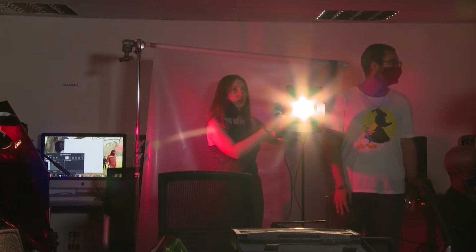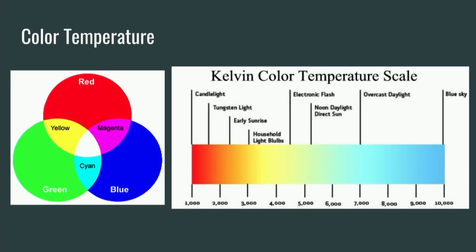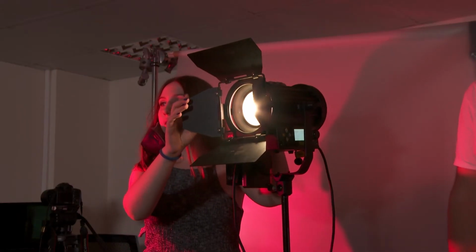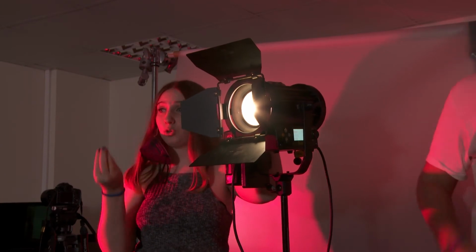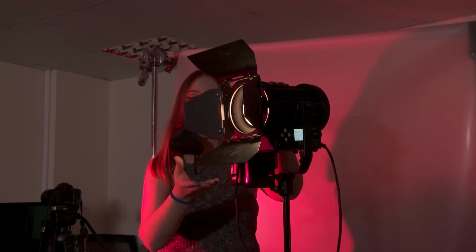Tungsten is around 3,200 kelvins in terms of temperature, which means that it's on the lower scale, which means that color-wise, it is more warm. So tungsten light is usually a light that has a very orangey hue, a very warm type of light.